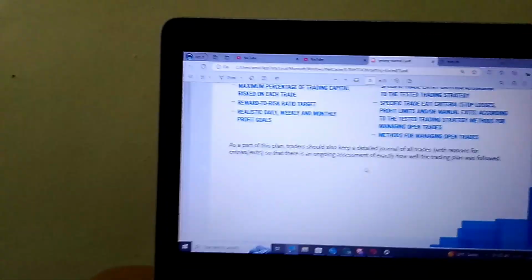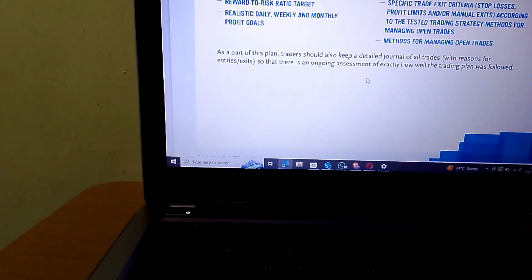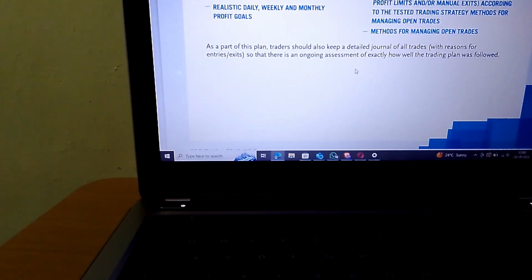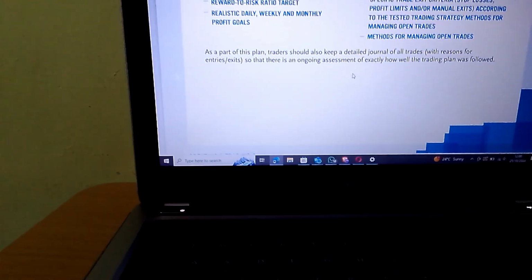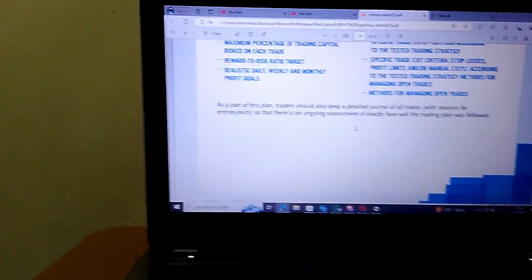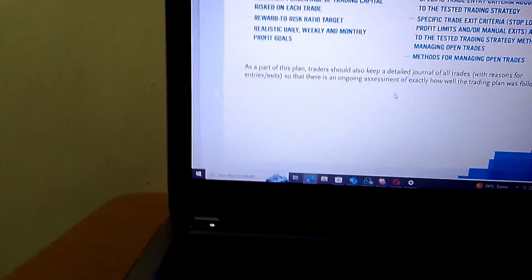And as part of this plan, traders should also keep a detailed journal of all trades with reasons for entries and exits, so that there is an ongoing assessment of exactly how well the trading plan was followed. On keeping a detailed journal, I have an app that I can recommend to you. Well, I'm not promoting anything, I'm just telling you what can help you.